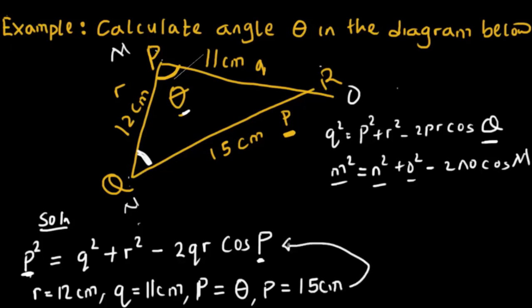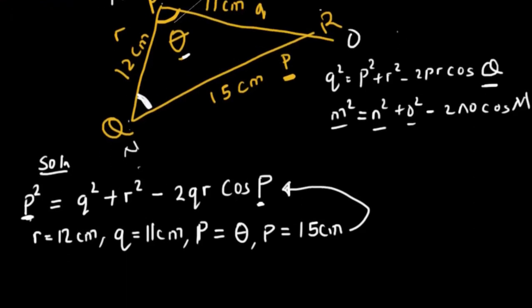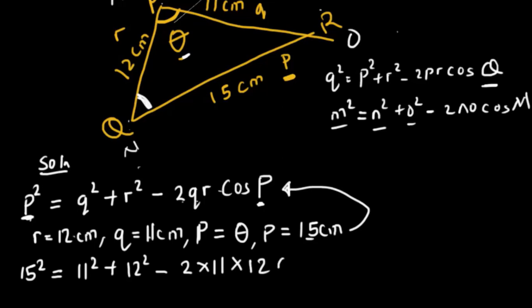So we slot this into the formula. We'll have 15 square, since p is 15, equals 11 square plus 12 square minus 2 times 11 times 12 cos theta.